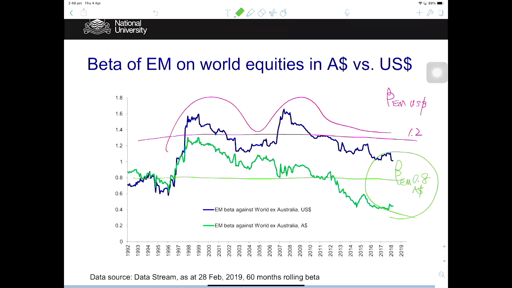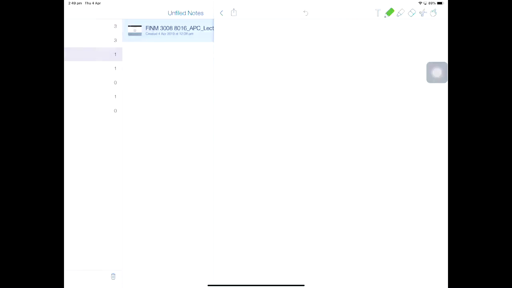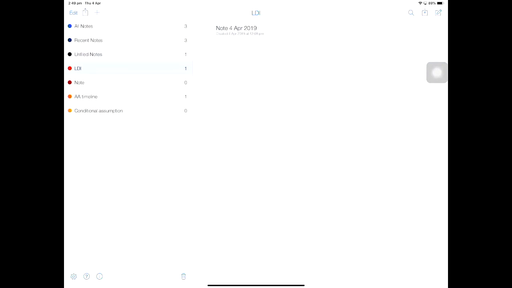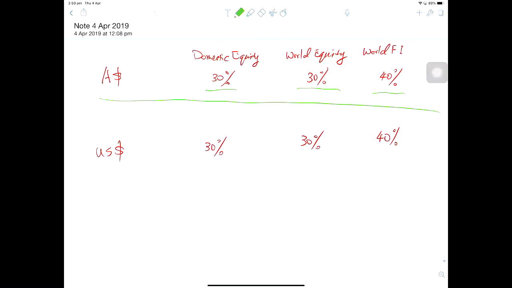Is it a good idea if I have additional emerging market exposure? The most important risk contributor of my current portfolio is world equity. Now I introduce another subclass or a new asset, which has a beta of less than 1. Am I going to be better off?